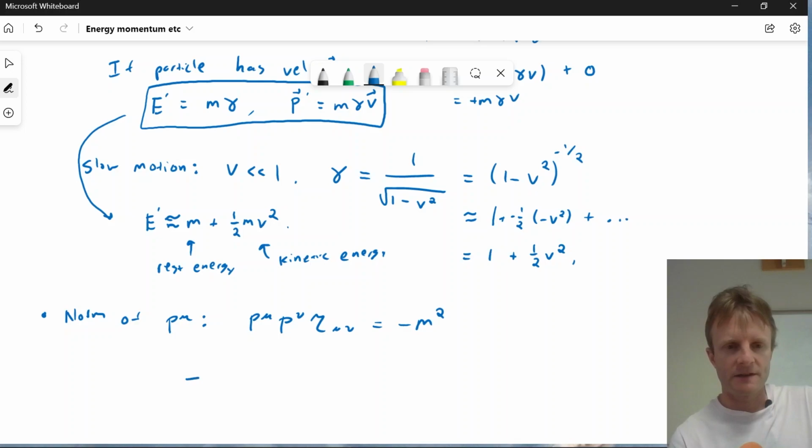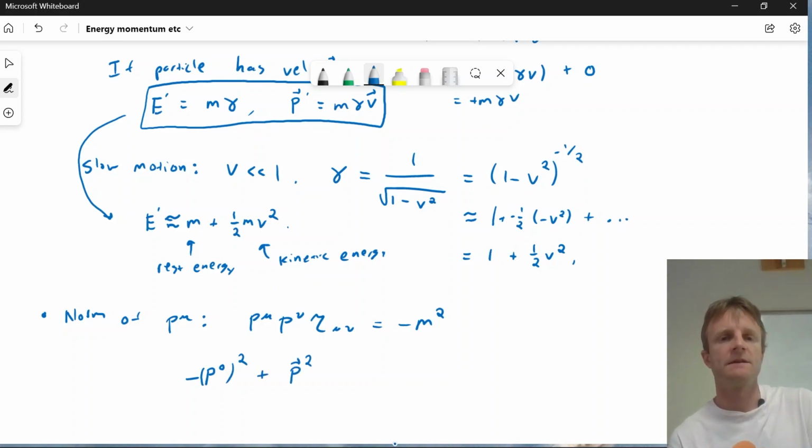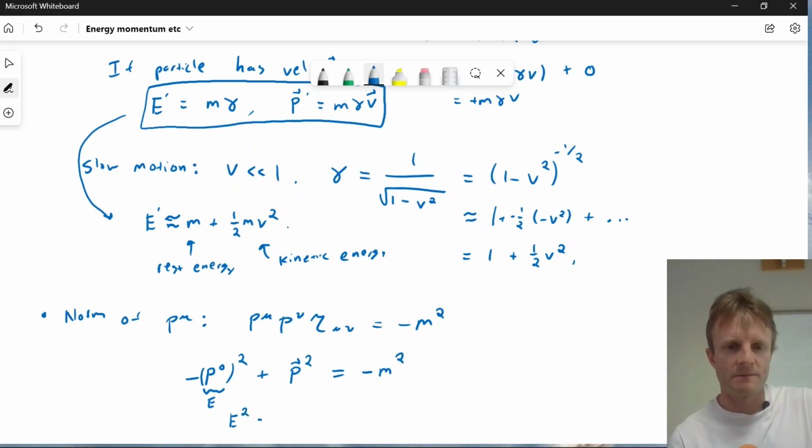The left-hand side is minus p0 squared plus p squared, and the right-hand side is minus m squared. But remember, p0 was just energy. So we can write this as E squared minus p squared.